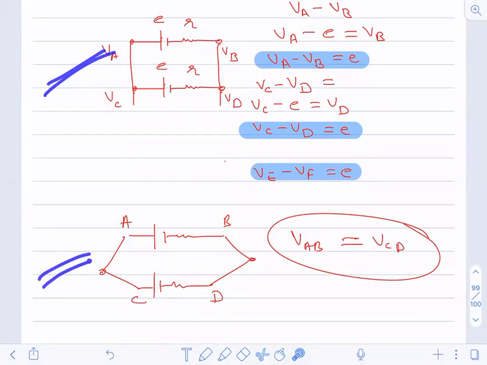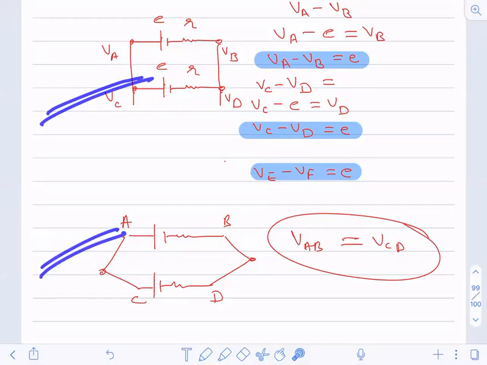So if E is here, the potential difference across this point and this point is E only. So there is no difference in this circuit and in this circuit. They are almost the same. So I have given you the slides.